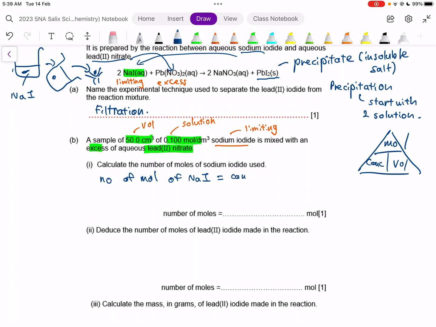So concentration multiplied by volume, but volume must be in dm cube. So once again you need to convert centimeter cube to dm cube. You don't need to write this; as you get better, I wouldn't write this already. 50 over 1000, so that would give me 0.005 moles.